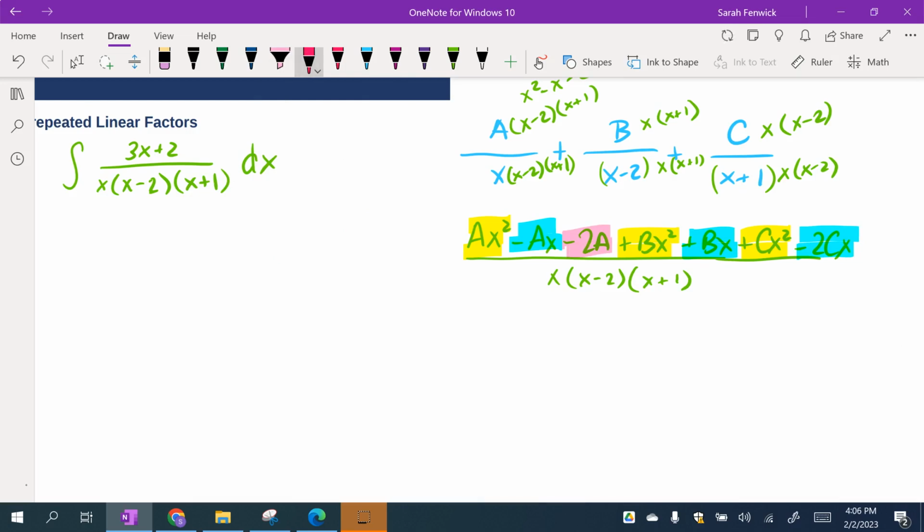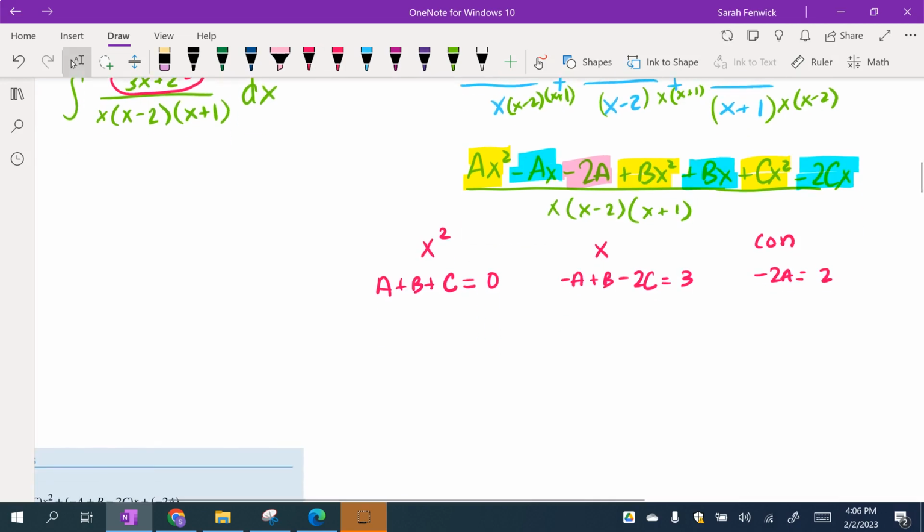So I'm going to make 3 lists. ax squared plus bx squared plus cx squared equals... there is no x squared in this numerator, so we put 0. Now for my x's, I have minus a plus b minus 2c equals 3 from my x's in my numerator. Constant, the only constant I have is minus 2a equals 2 as the constant from my numerator here.